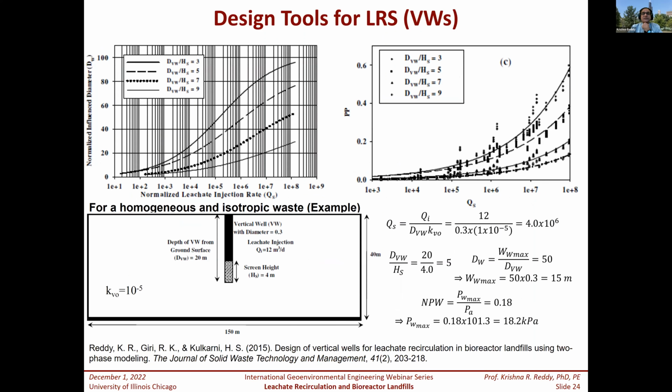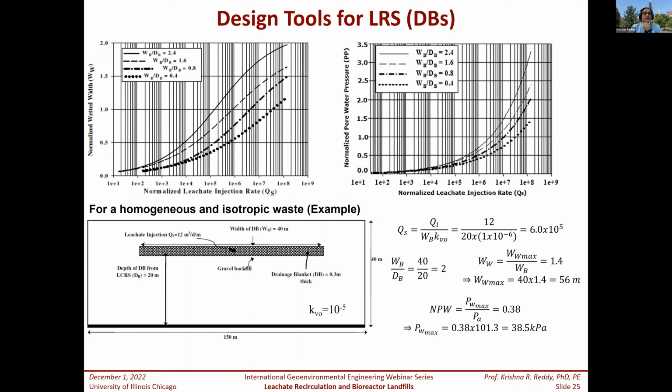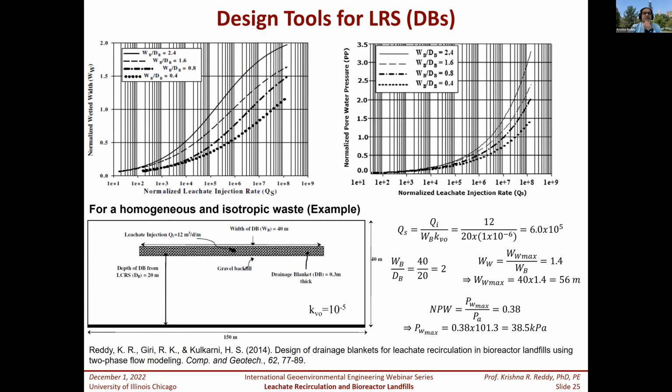You can use these design charts to estimate the spacing of the vertical wells and the injection rates or pressures that you can have. And the third type is drainage blankets. Again, we did this kind of parametric numerical modeling, developed these charts, and then you can use them to estimate the dimensions of the drainage blanket.